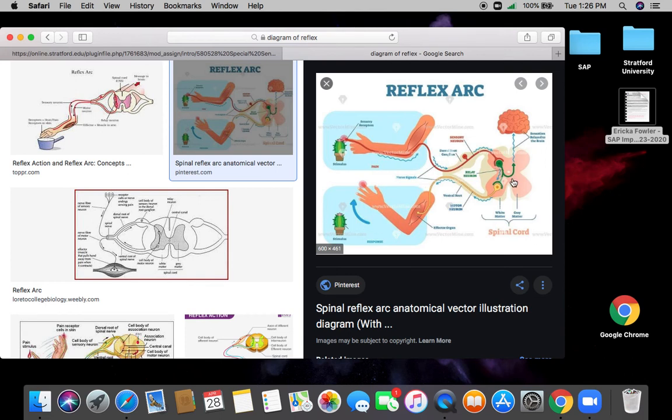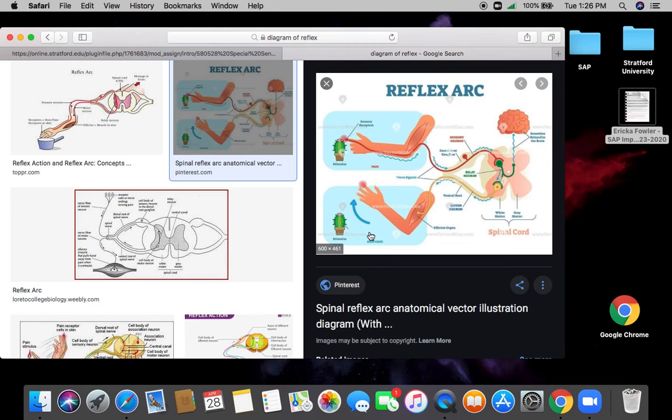And then the rest of the signal went all the way up to the brain and then back down. So a couple of milliseconds after I felt the oil starting to burn my hand, I already had my hand, and the majority of my body, away from the danger.